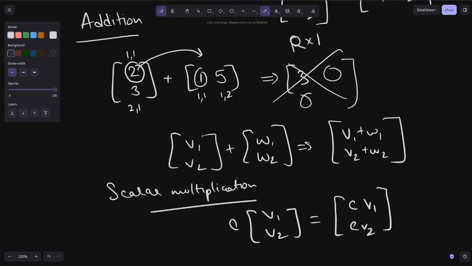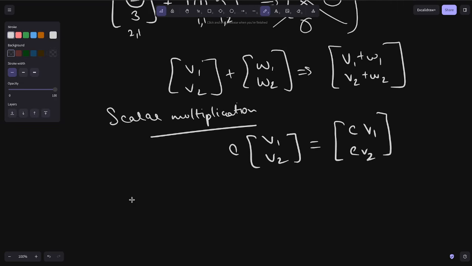Again, I don't need to explain this in much detail. Also, since addition is commutative, meaning a plus b is equal to b plus a, this vector addition will also be commutative in that aspect, right?